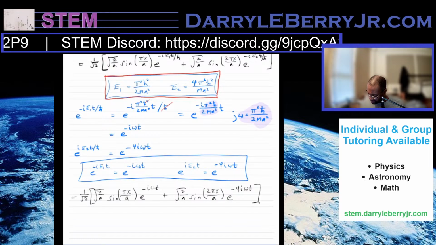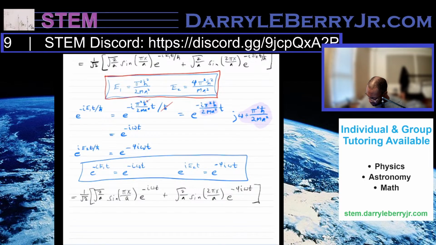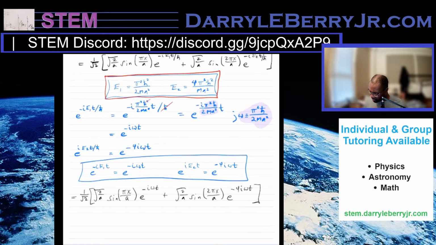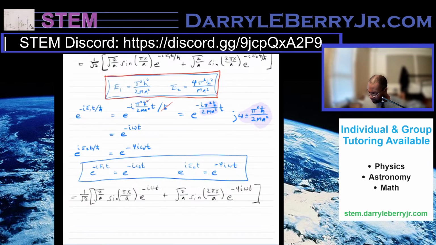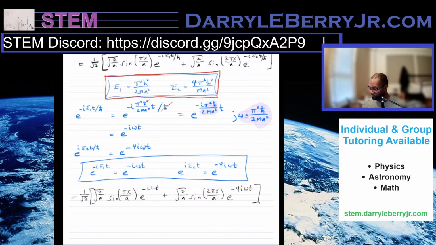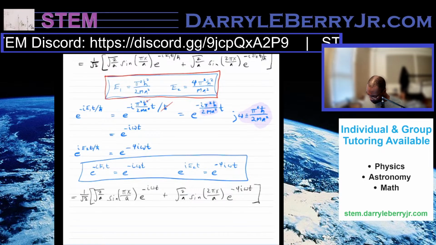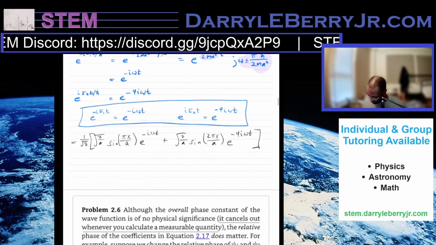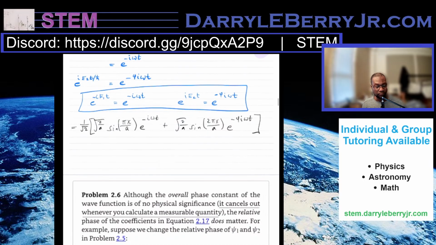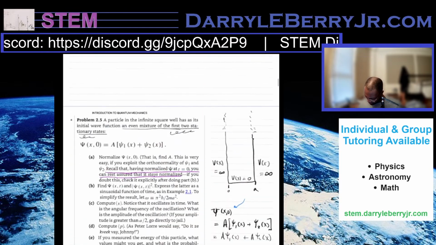define omega as pi squared h bar over 2m a squared. Remembering that a is not squared, right? Did you suggest that in the problem?